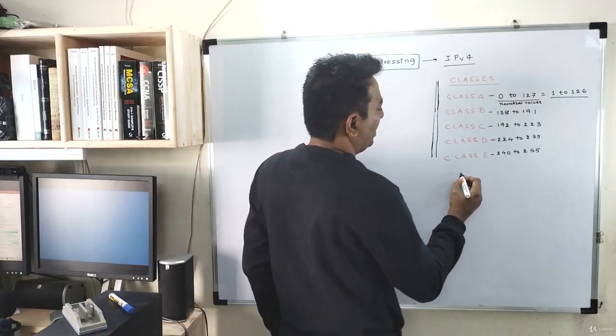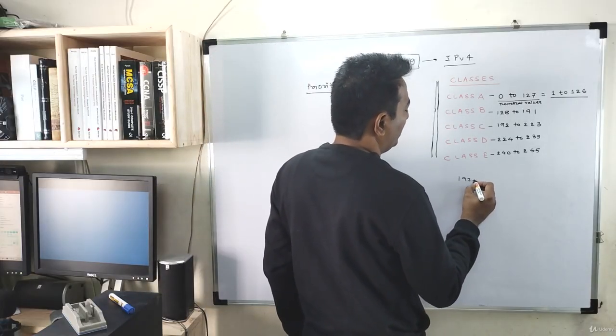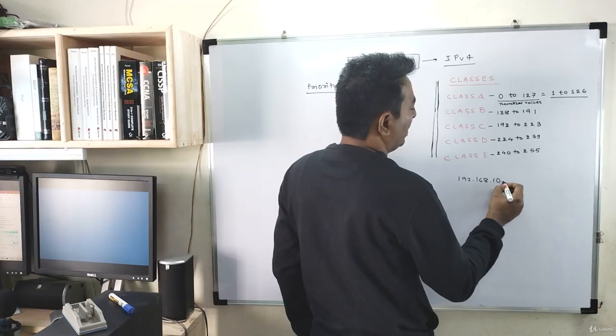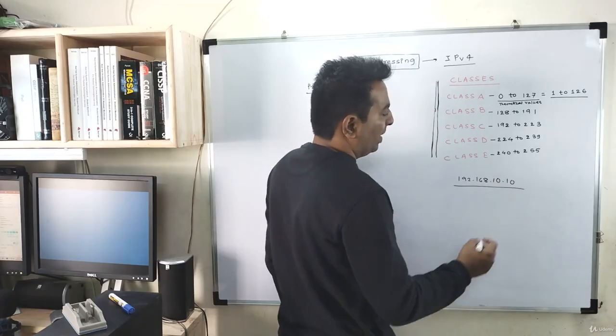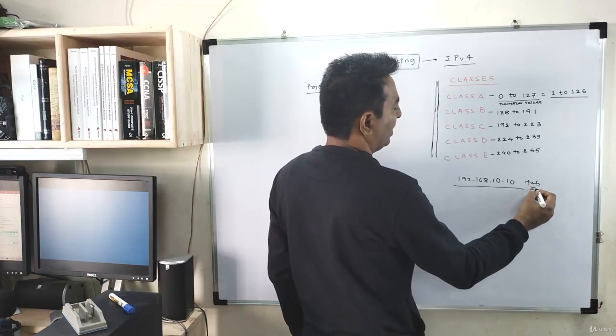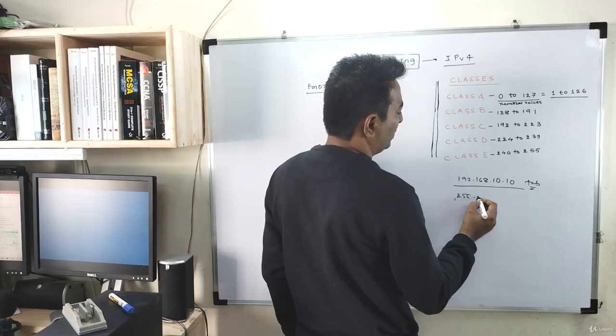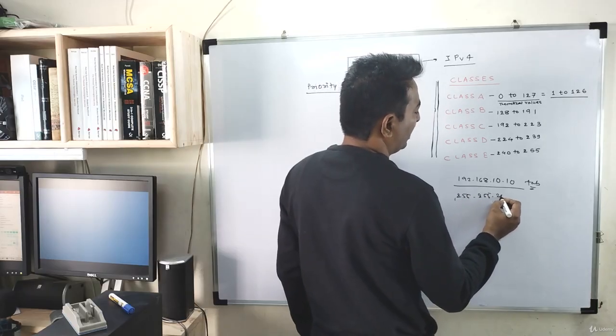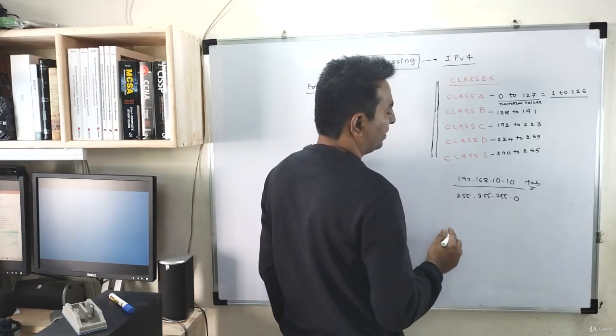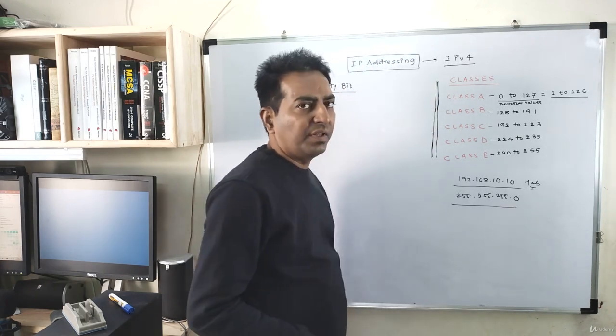Consider if you simply enter an IP address 192.168.10.10 in your computer and press the tab button, it is automatically going to give the subnet mask value as 255.255.255.0.